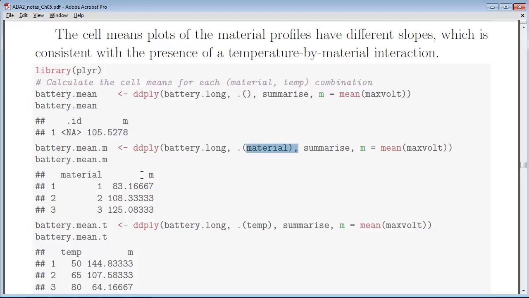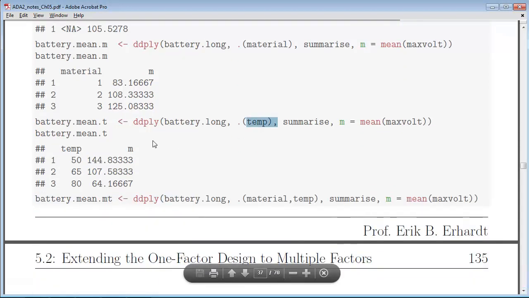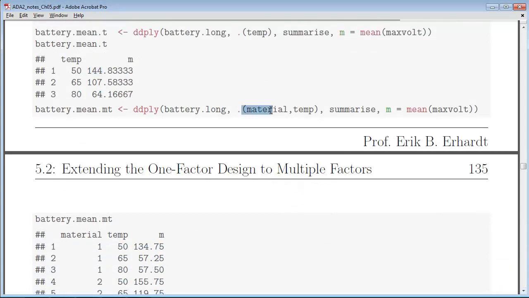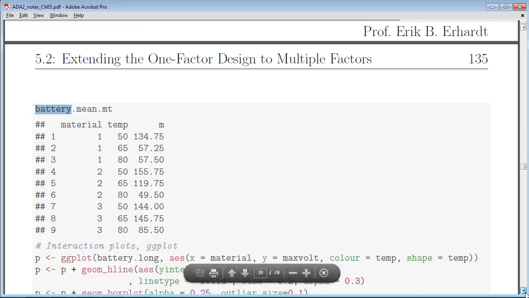When you average by material type, we have our 3 material types, and you can see a fairly big difference here, actually 83, 108, and 125 over the 3 material types. When you average over temperatures, we also have big differences, 144, 107, 64. And finally, material and temperature, these give you all 9 averages of the 4 replicates. Okay, and that's what we're going to use to plot the data.